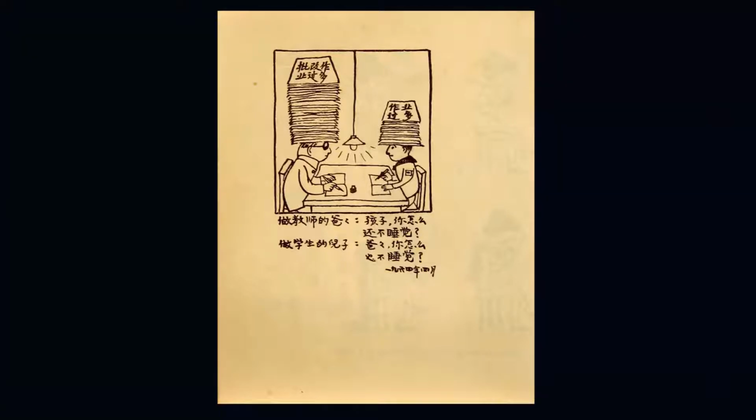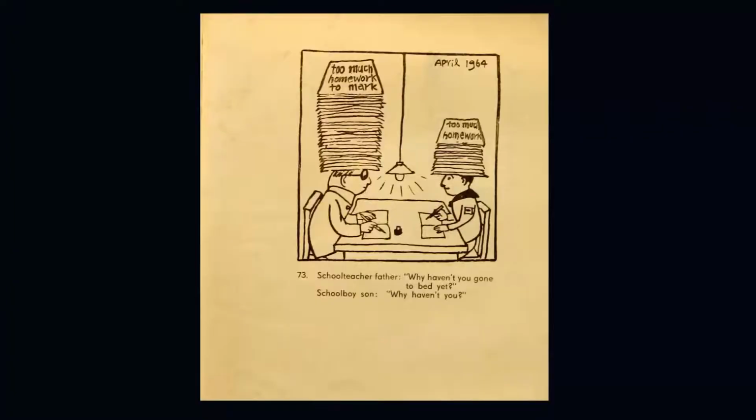We can make many guesses, but if you feel desperate to know what is written over there, we have an English version of the same cartoon, where the school teacher father is saying, why haven't you gone to bed yet? And the schoolboy son replies back, why haven't you?